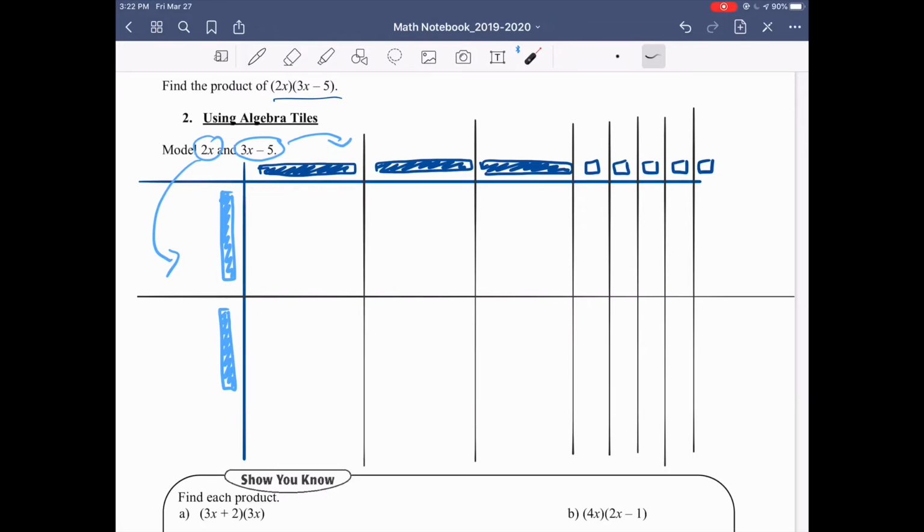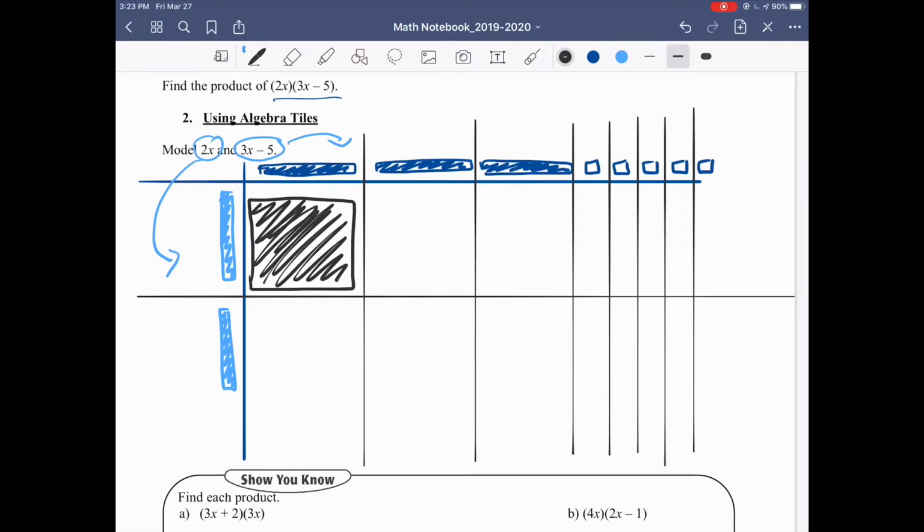If you follow the shape and finish it, it should get you an x squared tile. So x times x is positive x squared. That's the answer for this one, and it's filled in because it's positive. Then you do the same thing here.